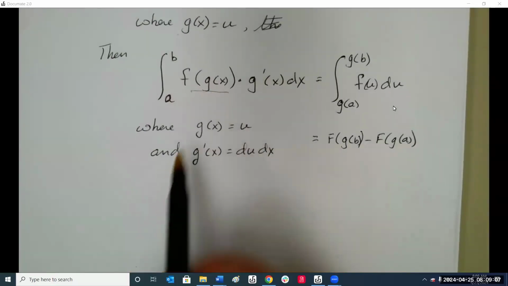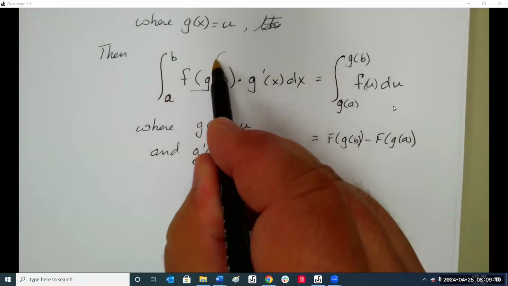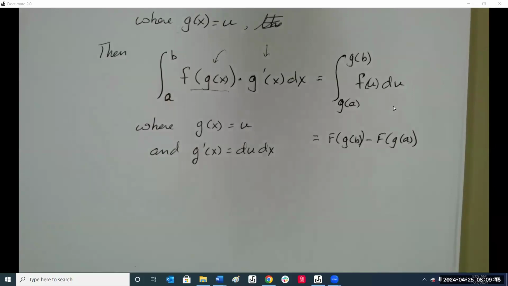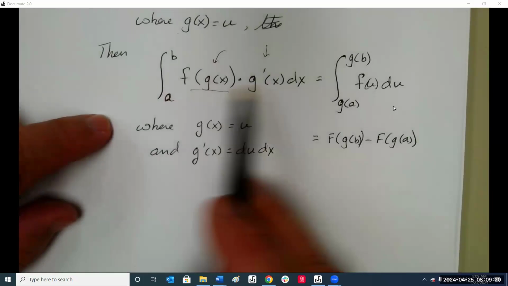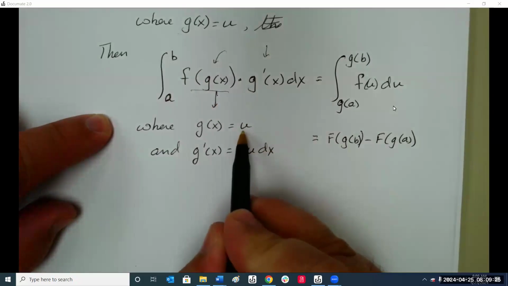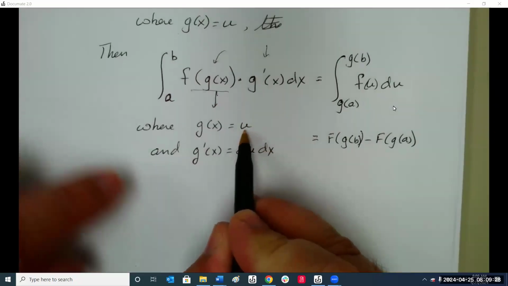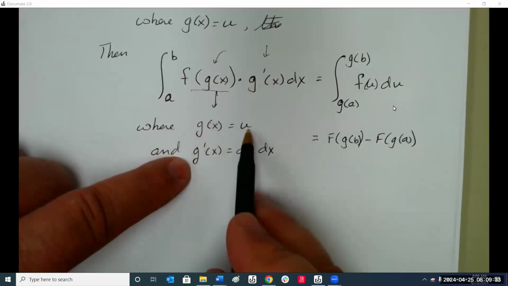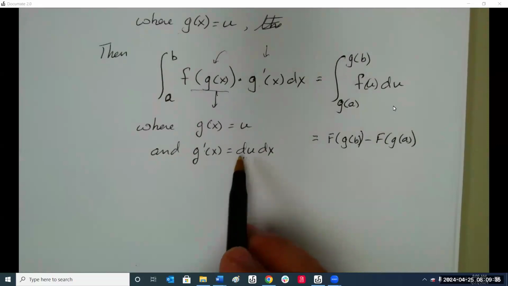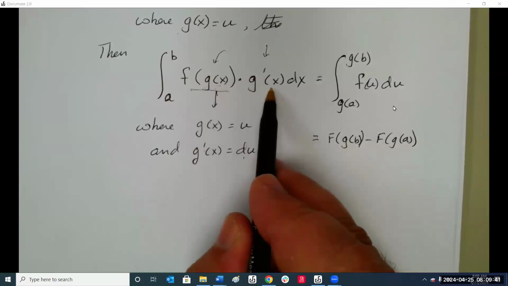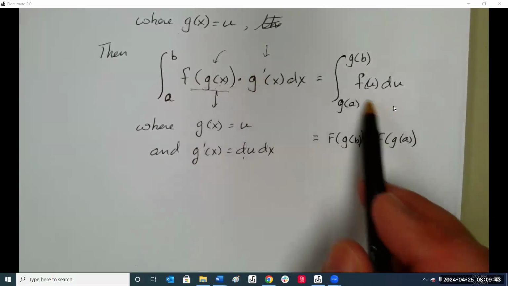It's a composite function where the interior function, the derivative of it, is what's on the outside. If we have this scenario, then we can take the interior function, call it u, and call the outside of the function the derivative of u. If we have a composite function with the interior function and the outside is the derivative of the interior function, then we can use substitution.